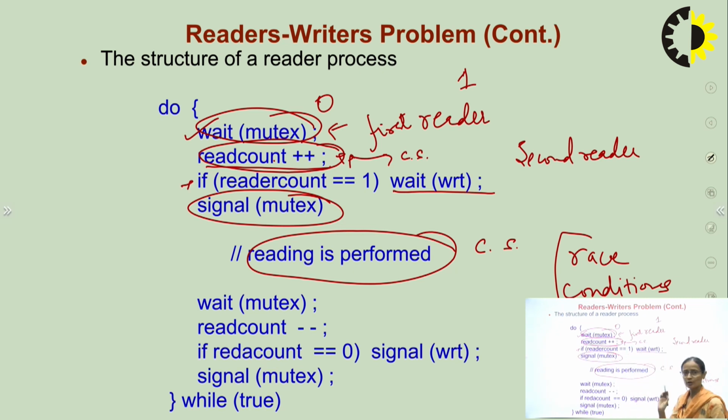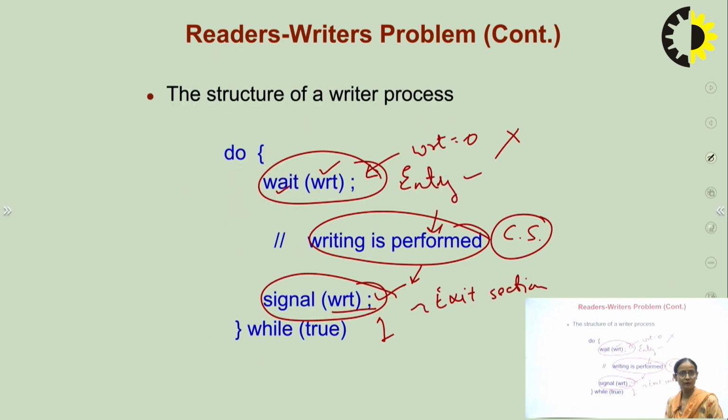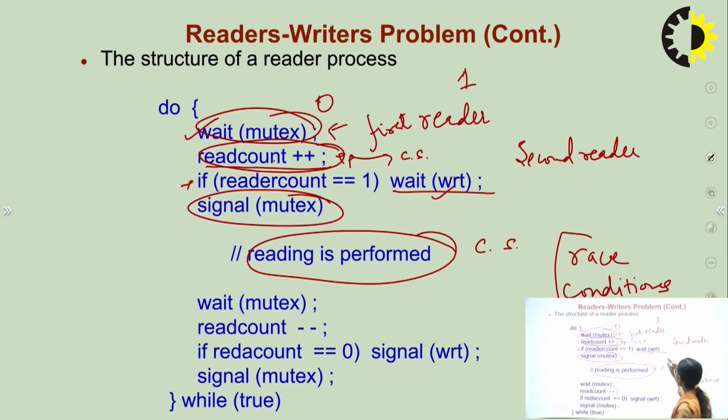If this is the first reader process, then it needs to check whether any writer process is already working on the data set. For this, we apply this operation, because we have already seen that if one writer process is operating, then no reader and no other writer process should be allowed. We have seen how to synchronize the action between two writer processes. Now, with the help of this, we are synchronizing the action between the first reader and the writer process.